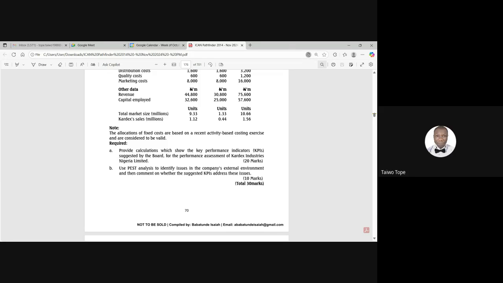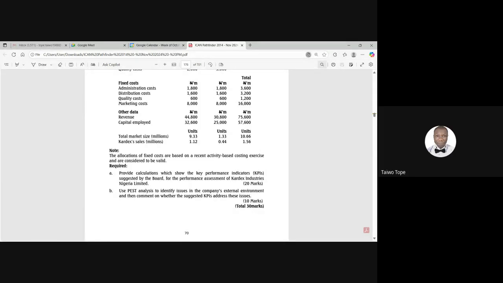For perfect wash, it is what? 30,800 divided by 0.44. 70,000. So that is your average sales per unit. It means as you keep selling over time, what is the average of your sales?